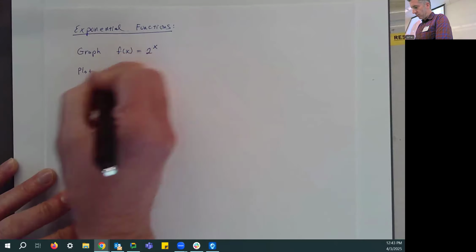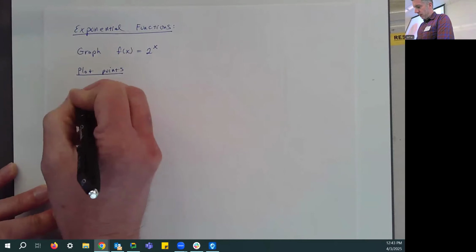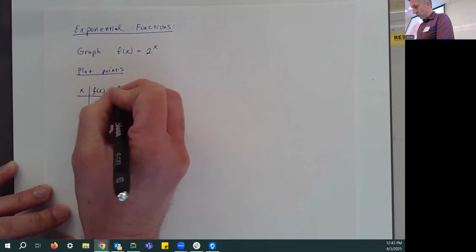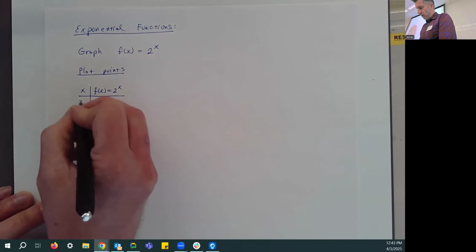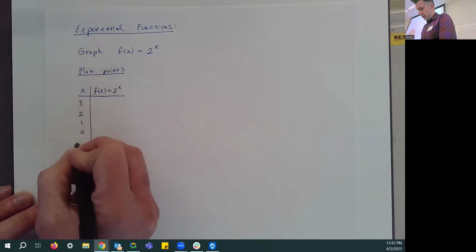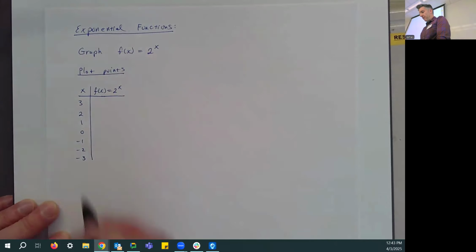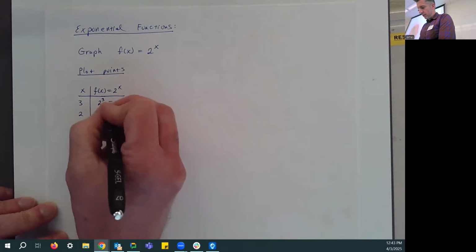I'm going to make a little table. I'm going to pick some convenient x values and then fill in the corresponding f of x or y values. So the values I'm going to pick for x are 3, 2, 1, 0, -1, -2, and -3. So then f of 3 is going to be 2 to the third, which is 2 times 2 times 2, which is 8.